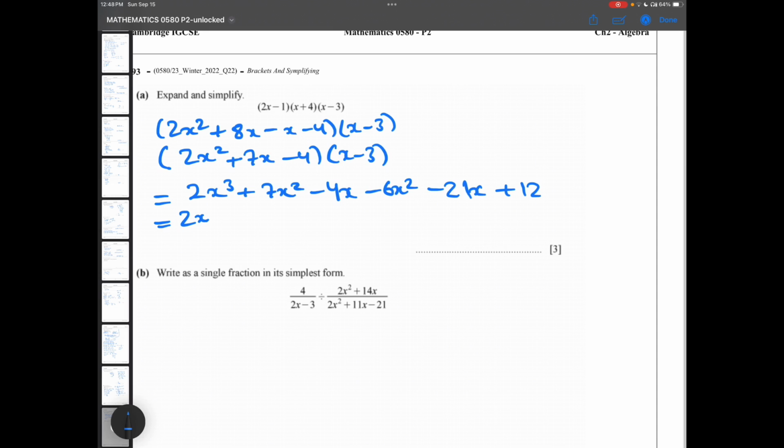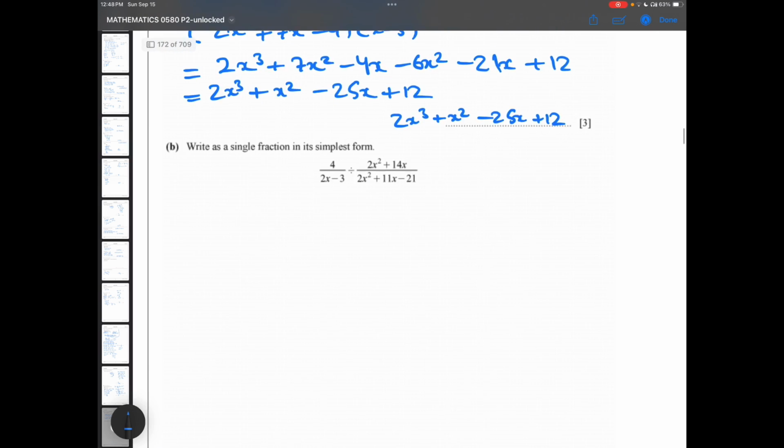Now we will simplify the like terms together. 7x squared minus 6x squared is positive x squared. Minus 4x minus 21x is minus 25x, plus 12. This is our answer: 2x cubed plus x squared minus 25x plus 12.